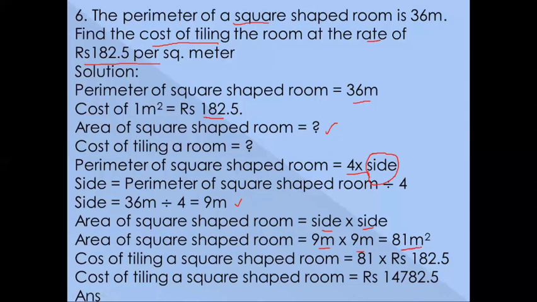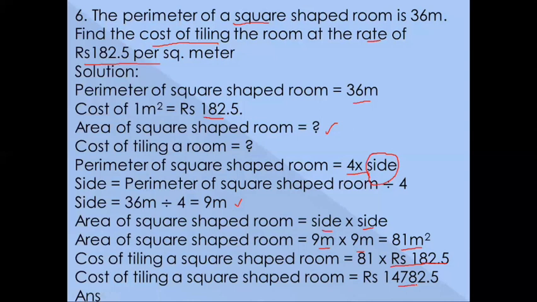Now we replace the square meter by its value, 182.5. When we replace it, we get 14,782.5. So this is the cost of tiling the square shaped room.